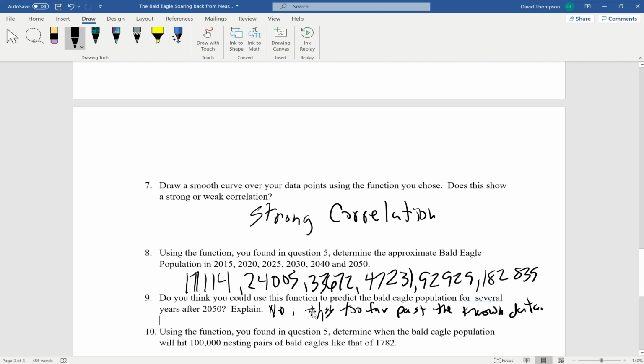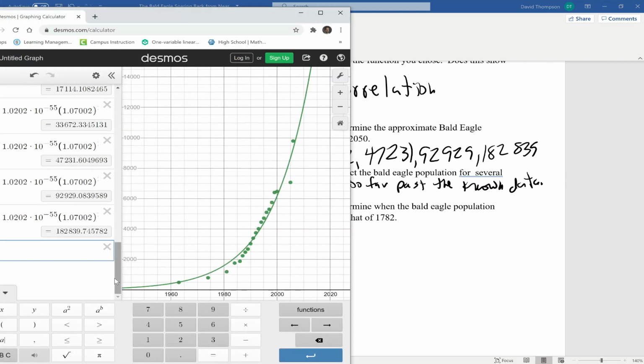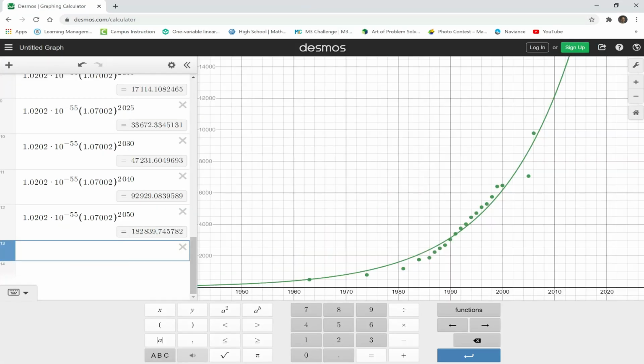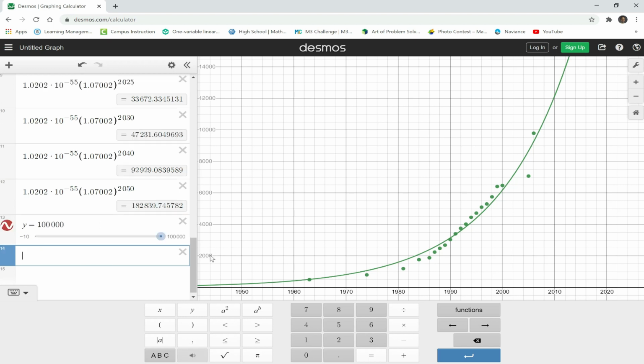And using the function you found in question 5, determine when the bald eagle population will hit 100,000 nesting pairs. So to do that, we're going to graph y equals 100,000. We can't see it, so we're going to zoom out.